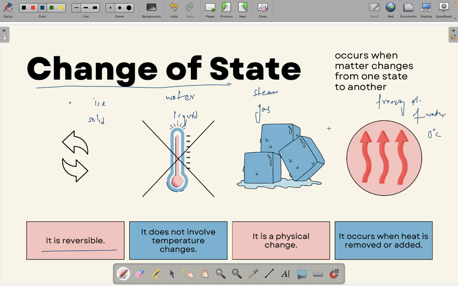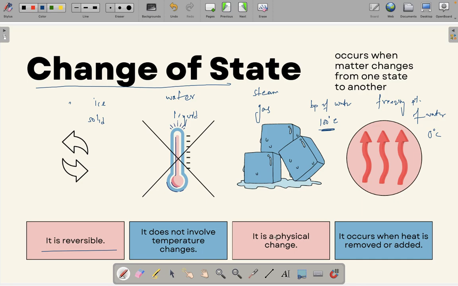Okay? Or say boiling point of water. What is the boiling point of water? 100 degrees Celsius. Yeah, 100 degrees Celsius. That means exactly at 100 degrees Celsius water is going to boil, right? So temperature will not change when water is boiling. So this is very important, that when there is change of state, temperature is not changing.